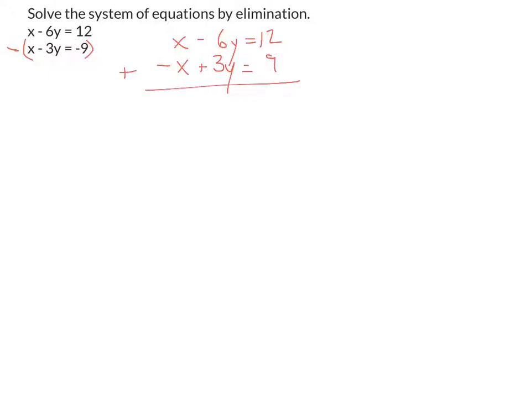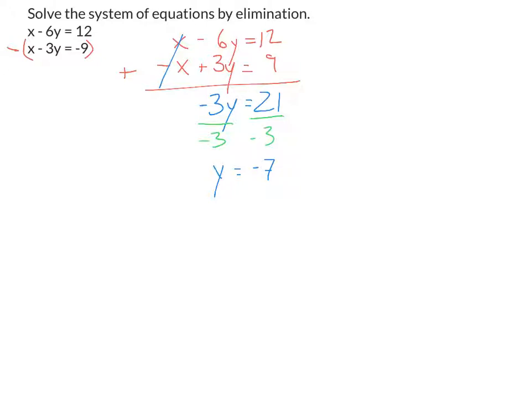And now I can add down my columns. And so x plus negative x cancels, and so we get nothing there. Negative 6y plus 3y is negative 3y, and that's equal to 12 plus 9 is 21. So when we solve for y, we divide both sides by negative 3. We find that y is negative 7.